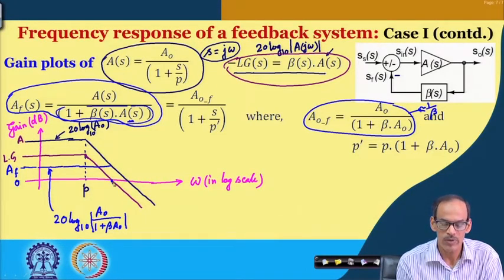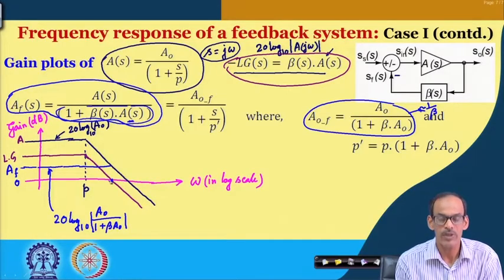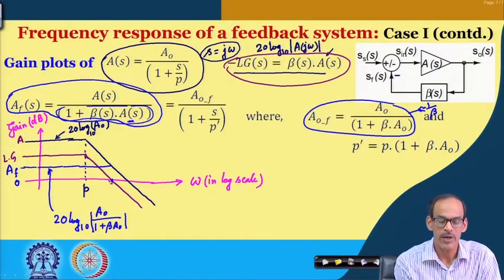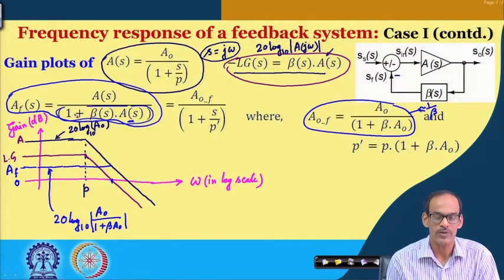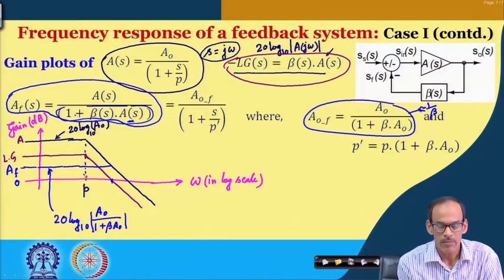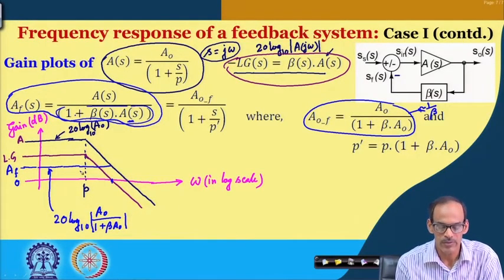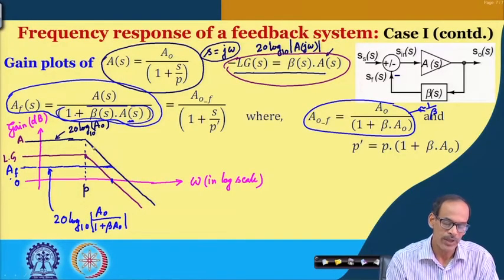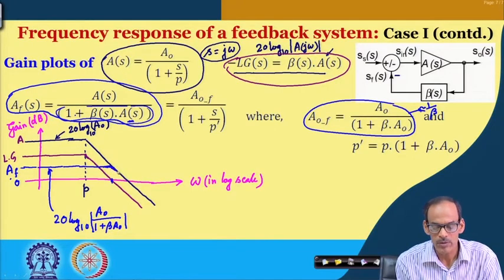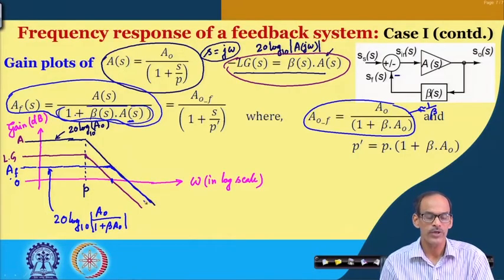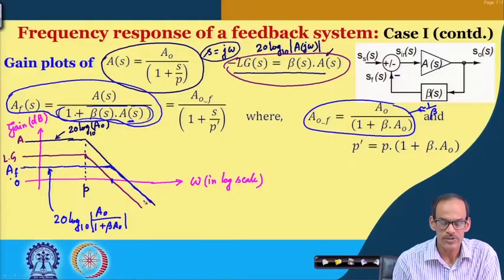This is the frequency where the loop gain crosses 0 dB, which means that beyond that this part is very small compared to 1, which is what you can approximate. And by the way, we are drawing the asymptotic gain plot. The actual one, of course, will deviate. So, almost at this point or beyond this point, AF will meet the gain plot of A, and beyond this point AF follows A. Why is it so?